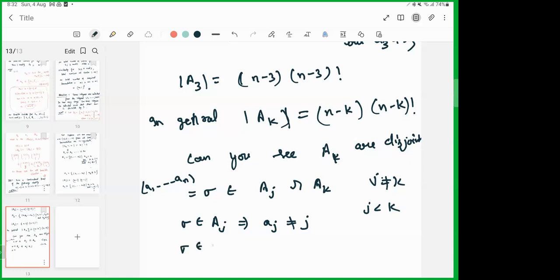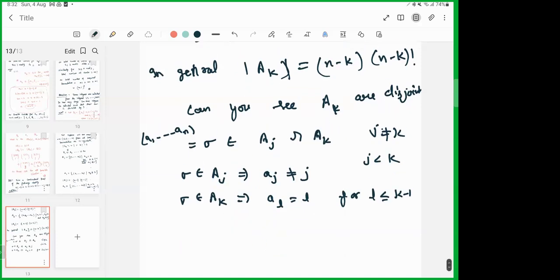And sigma belongs to Ak implies that al equals l for l less than or equal to k minus 1. That implies aj equals j, which is not possible, right? Since j is less than k. So these are disjoint.